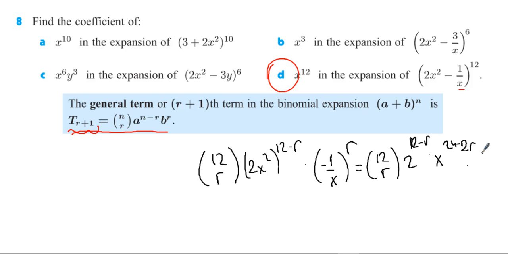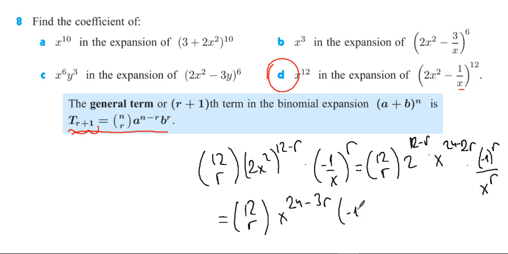Minus 1 to the power r, let it be. I don't know whether r is even or odd, x to the power r. From here, in simplified form, I just need these x's. I will just subtract: 24 minus 3r, because we subtract the powers, times minus 1 to the power r.